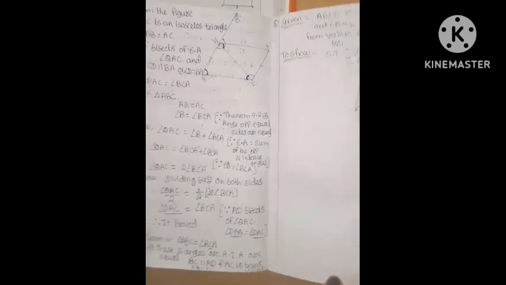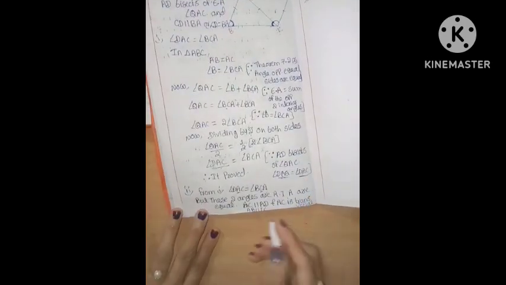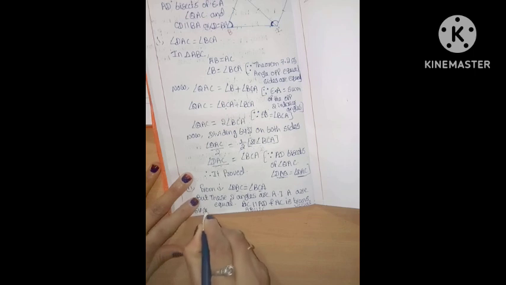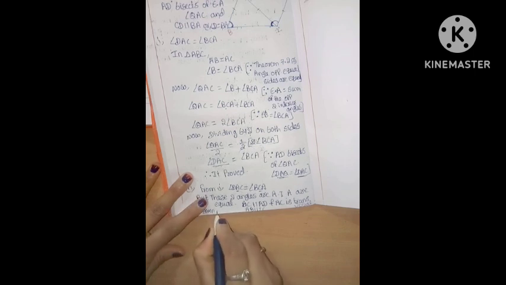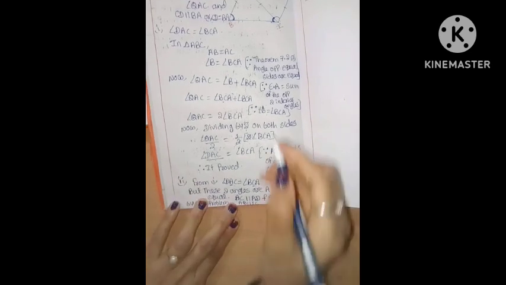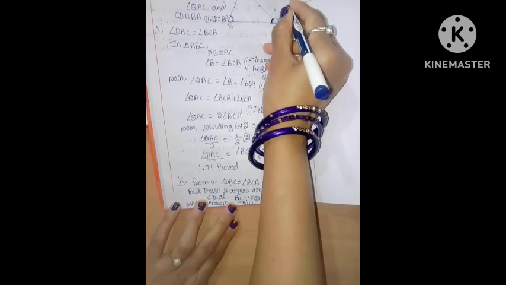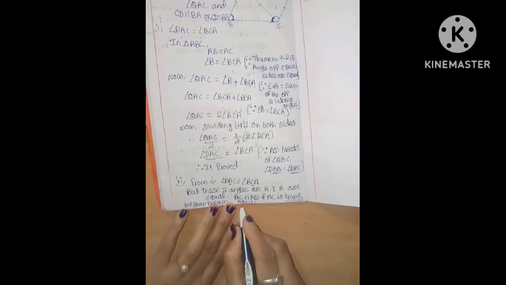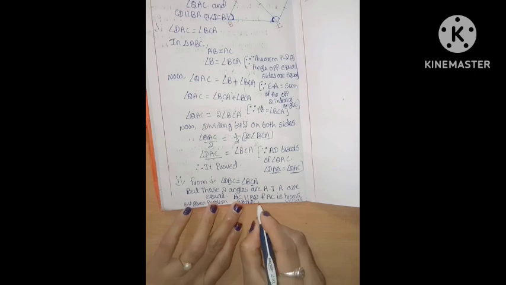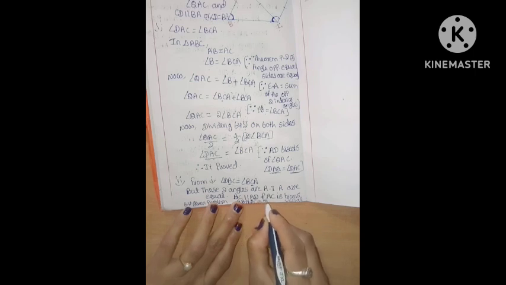So that's why, by the given problem, what is given? BA is equal to CD. By the given problem, BA means AB. AB is parallel and equal to DC. AB is equal to CD.